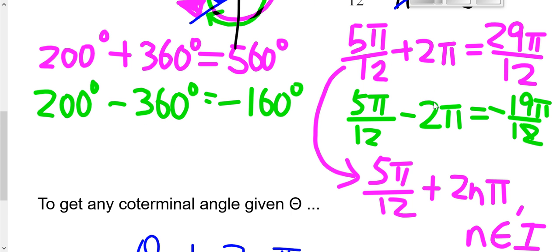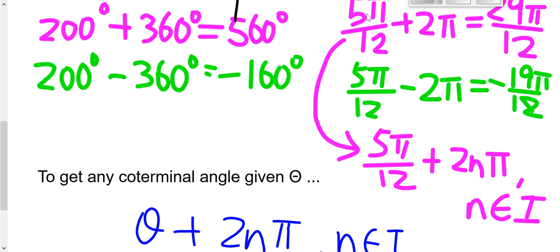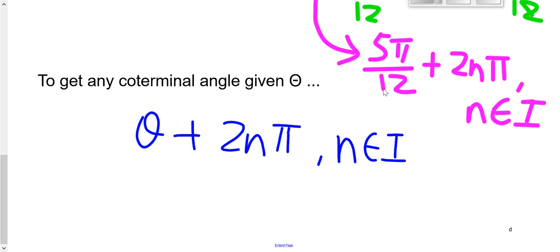So instead of having 2 separate formulas to represent one positive coterminal arm and one for the negative coterminal arm, you can do something like this. Because look at this, same thing, except one is positive, one is negative. So by saying that n is any integer, we could put a negative number here. So in this case, this one is for radians.